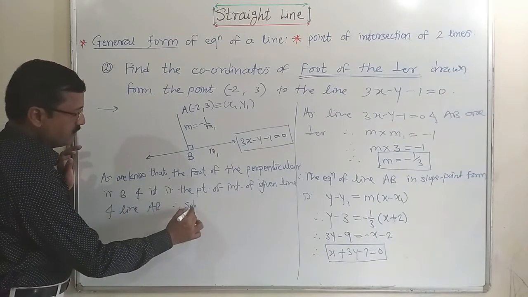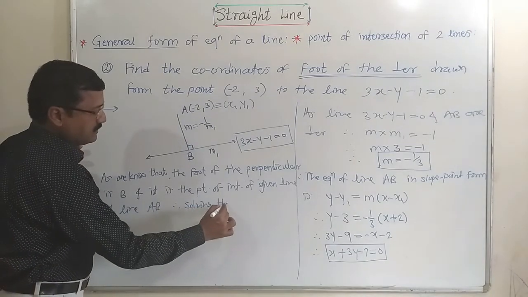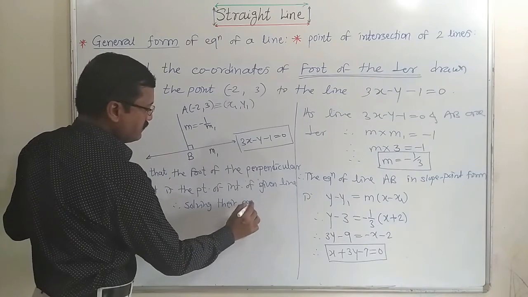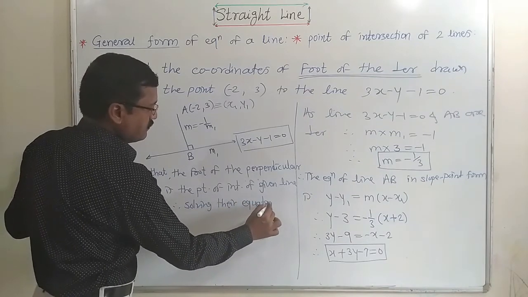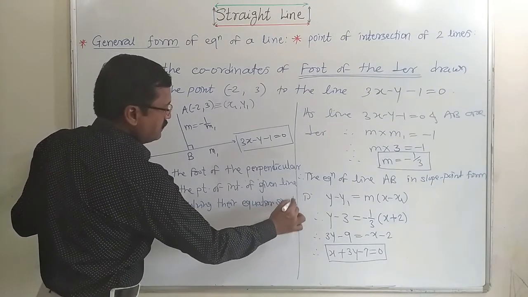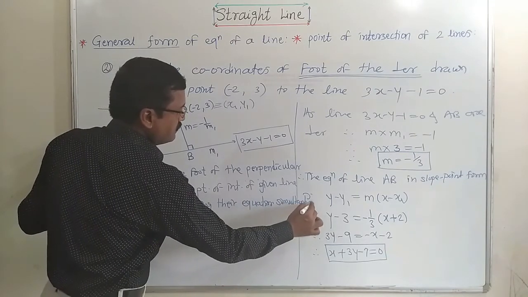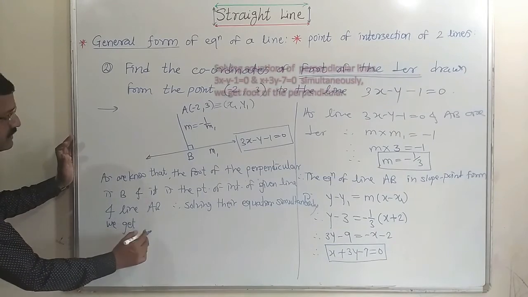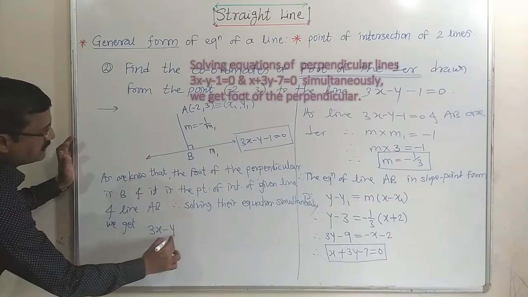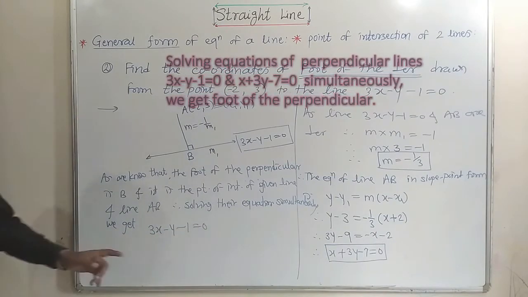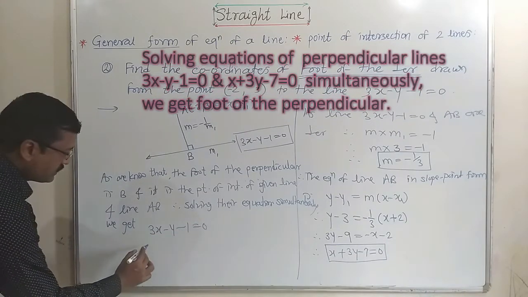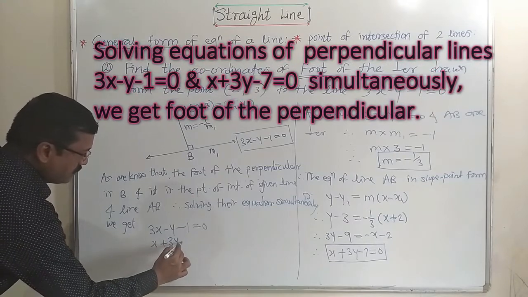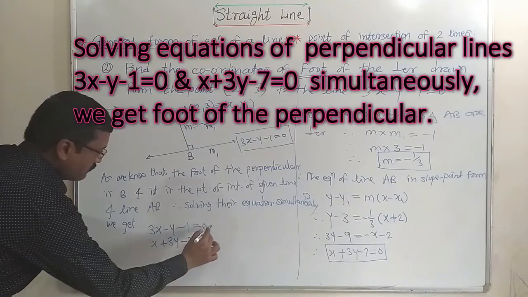Therefore, solving their equations simultaneously, we get 3x minus y minus 1 equal to 0. The second equation is x plus 3y minus 7 equal to 0.